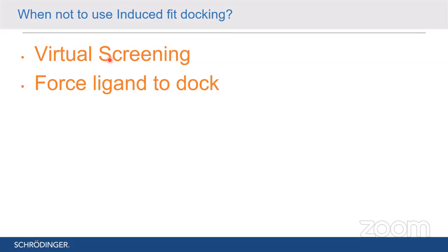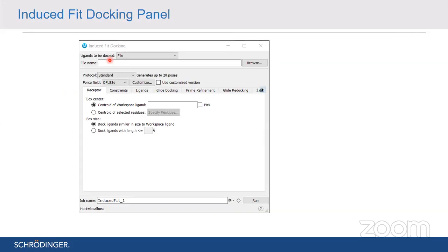And when you notice the protocol, this is how the induced fit docking panel looks. Though I explained so many things, it is very self-explanatory, where you have to browse in the demo session. I'll be showing you how to do it. And here is the centroid of your workspace ligand. In case you don't have it, you can define the centroid of the residues.